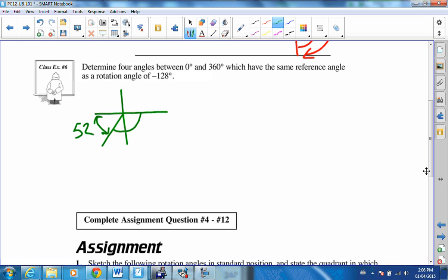So if that's 52 degrees, there are 4 positive angles that will work. 52 degrees is going to be that one. If my reference angle over here is 52, it's going to be 180 minus 52, which is going to be 128. The one that's coterminal with my original angle, but positive, is going to be 180 plus 52, so that's going to be 232.